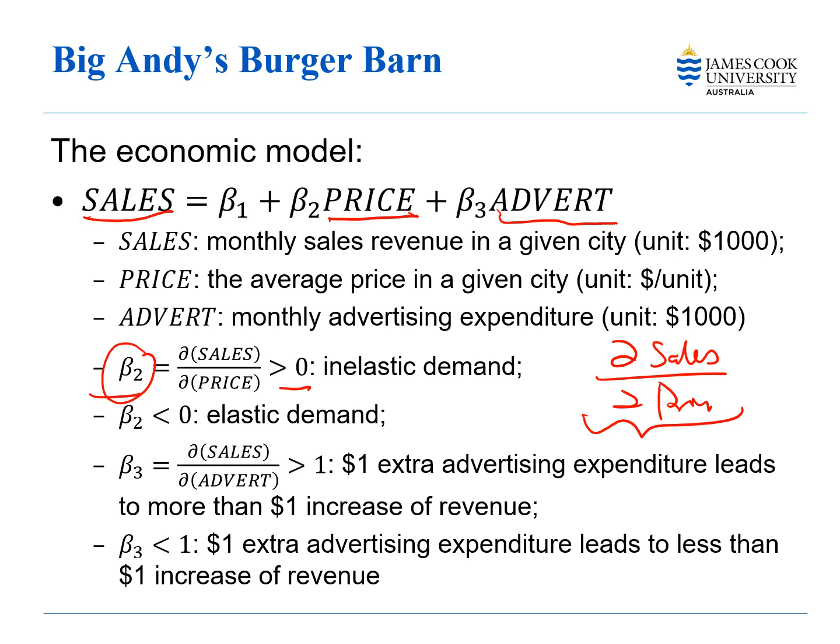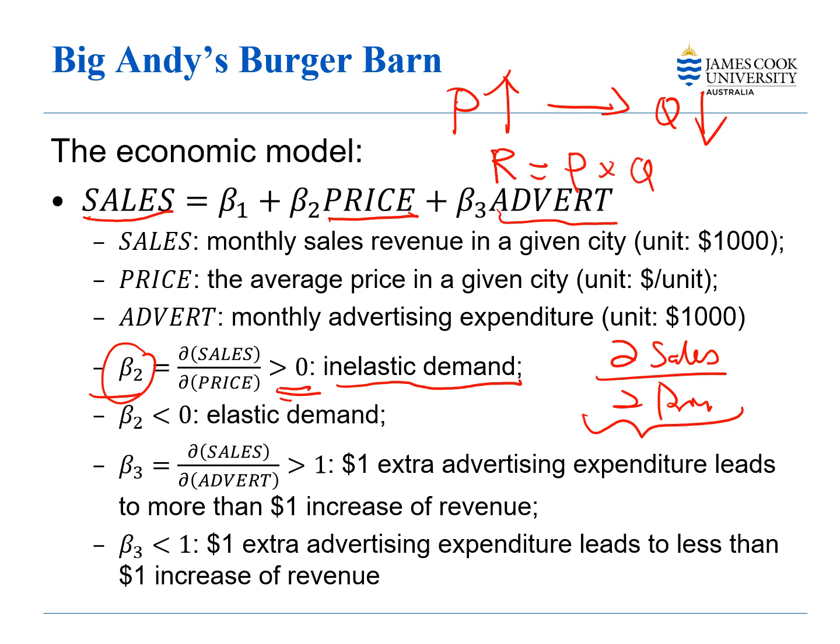So if beta 2 is positive, then that would say the demand is inelastic. We know that if price goes up, the quantity that the burger bun can sell decreases, and sales revenue is equal to price times quantity.